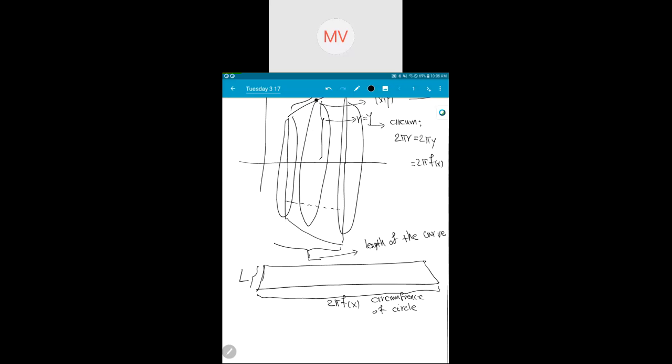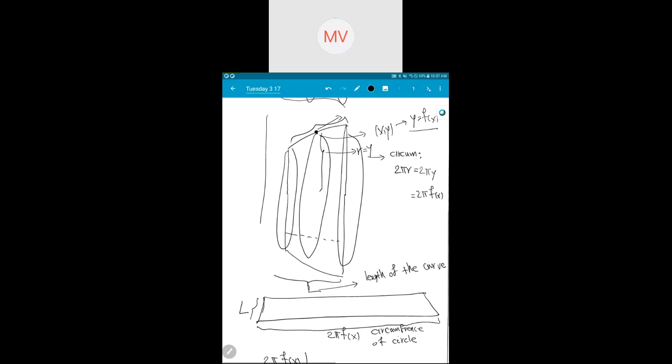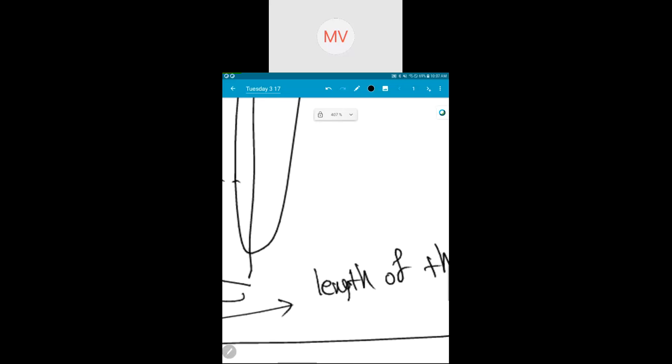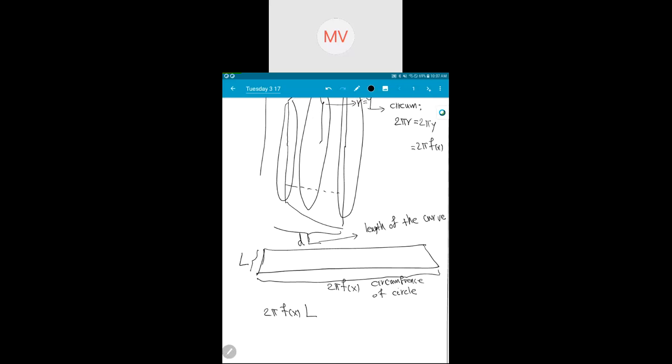Okay. So that one is 2 pi f of x, which is exactly this length right here. So what's the area of this guy? The area is going to be this side of the rectangle times that one. So it's 2 pi f of x and then L. In fact, since this length is an element of the curved length up there, let's go ahead and call it dl. So this is dl.